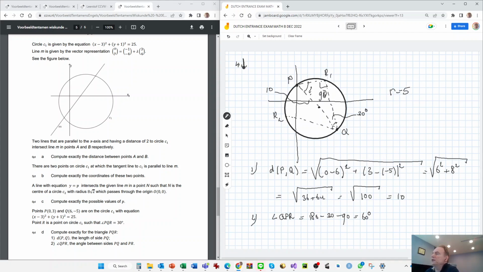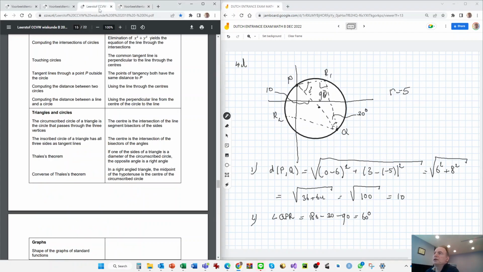So that is actually interesting. A little bit of a tricky question, since you have to find out that PQ is a diameter first, so that you can apply this.